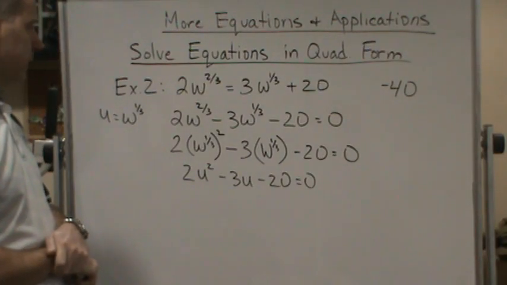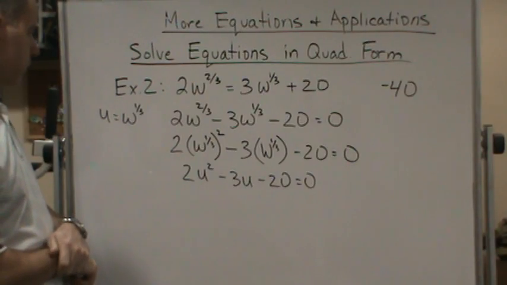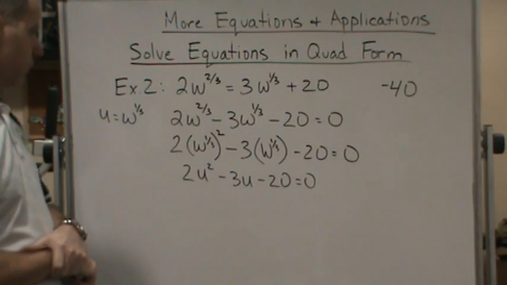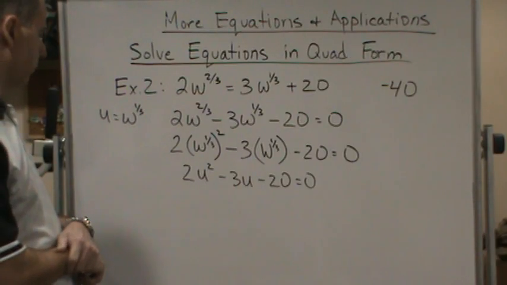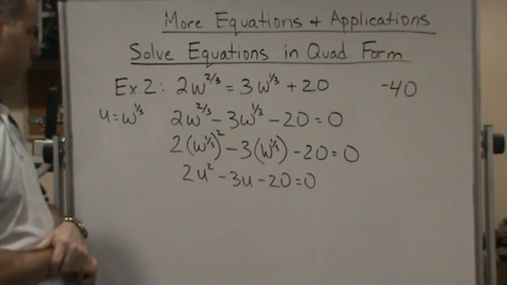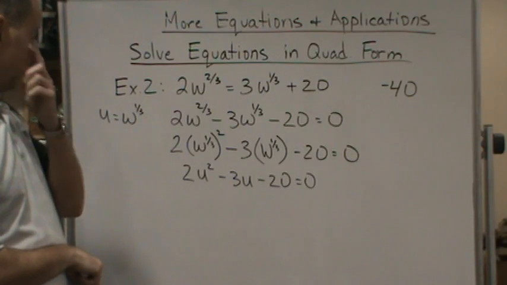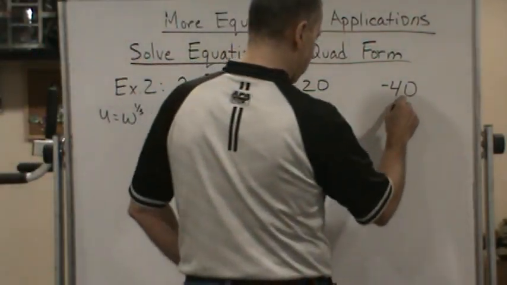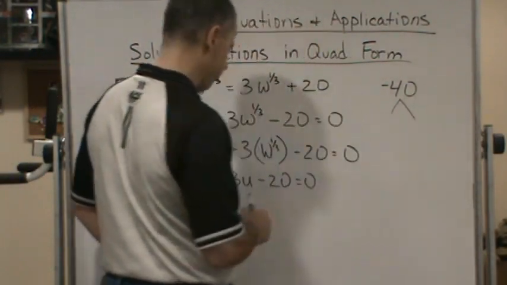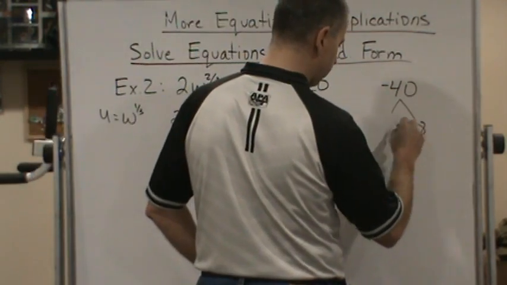So they're going to be relatively close to each other. So that'd be 5 times 8, and since the middle term is negative, the 8 is going to be negative.